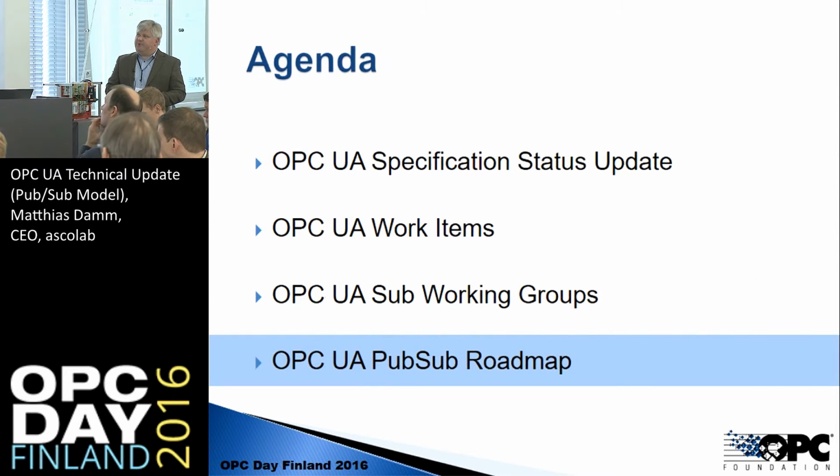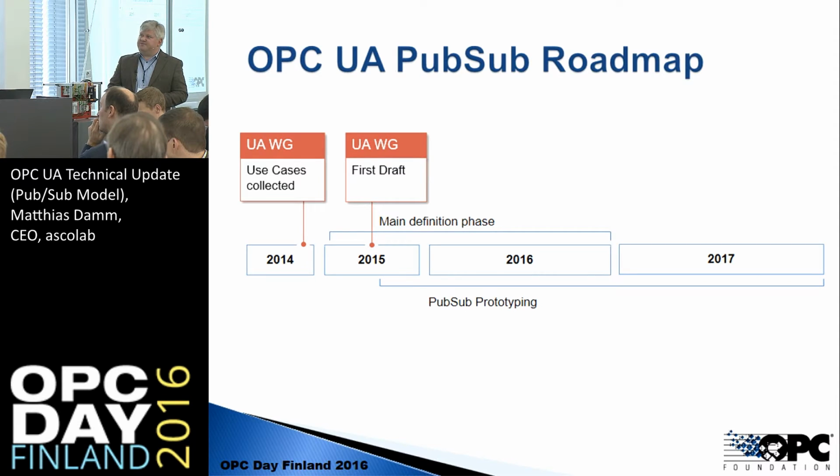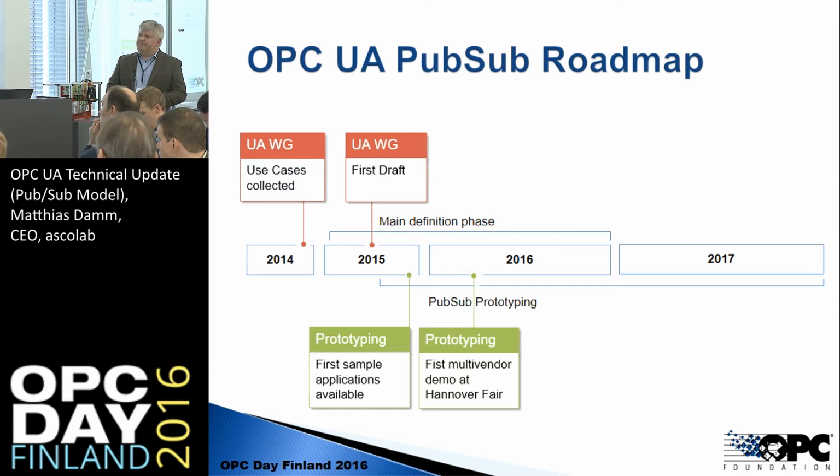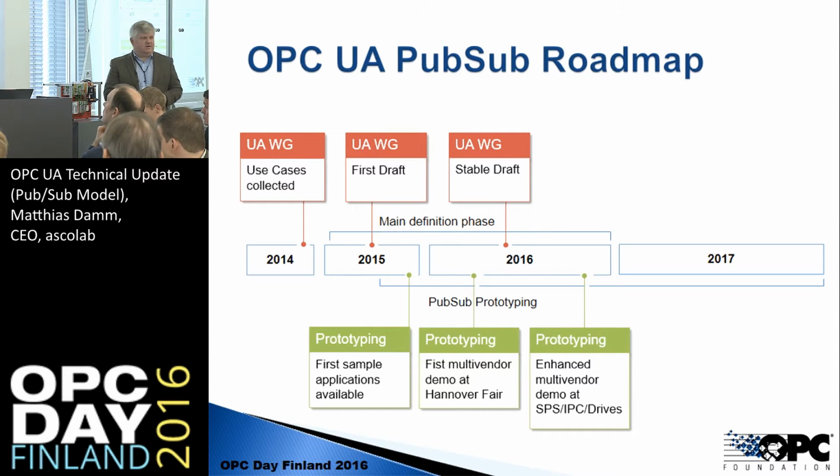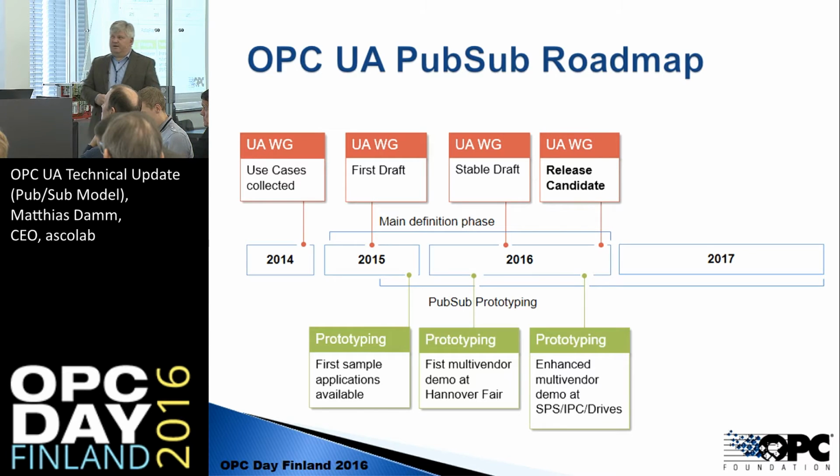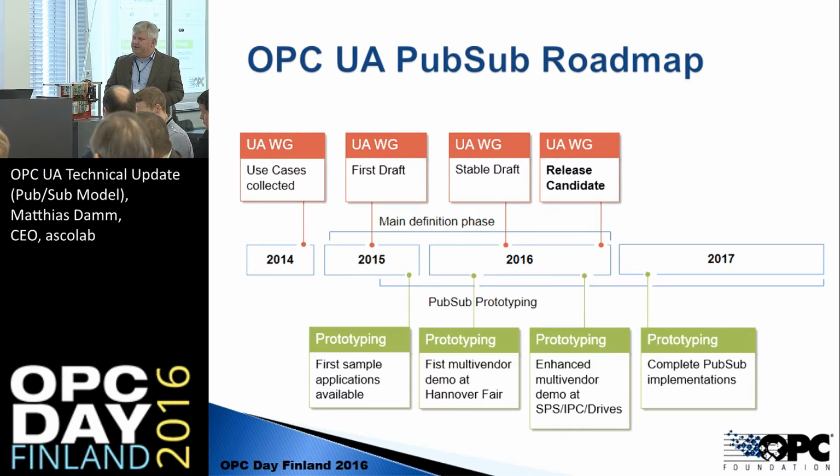So the roadmap we have for the next specification release is that we do a lot of prototyping at the moment, and we want to have a release candidate in December this year. And then we want to finish prototyping and complete the PubSub implementation. So we have already a lot of stuff running, but there's probably a little bit more prototyping to do, especially with the final release candidate.